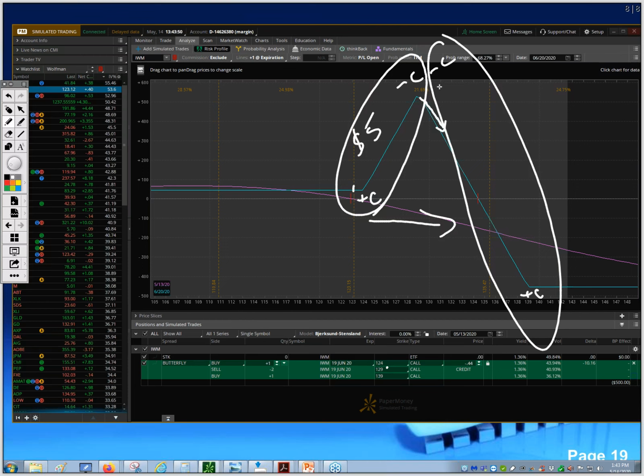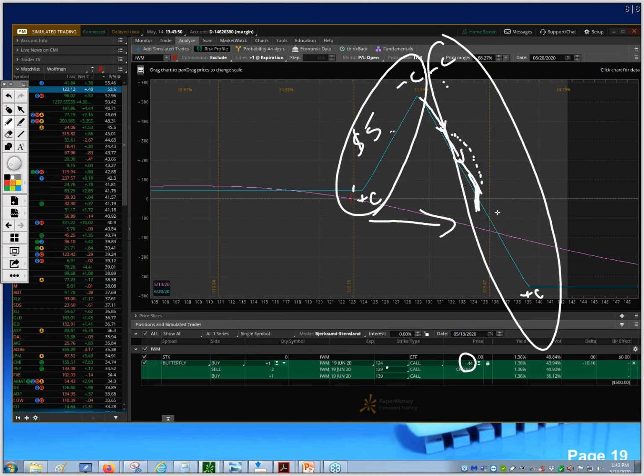So as that starts going down, this call spread is paying off our losses here to $5, and we get the credit of 44 cents. But that's why to the upside, we have that wiggle room, because that long call spread is paying off. But then all of a sudden, this short call spread starts hurting us a little bit.